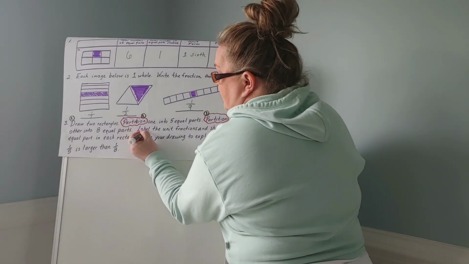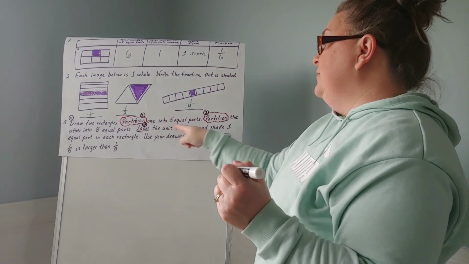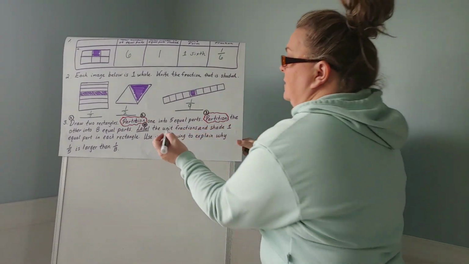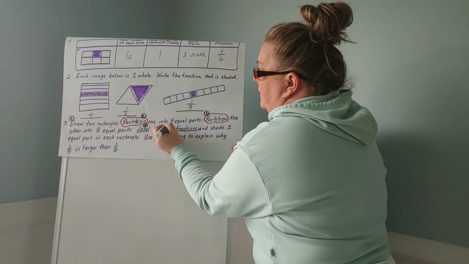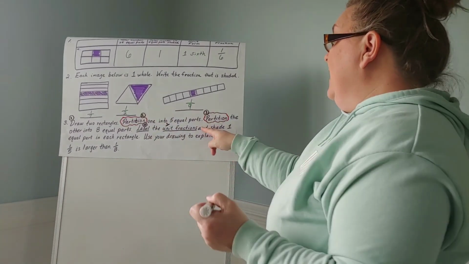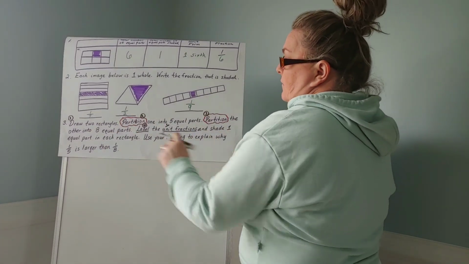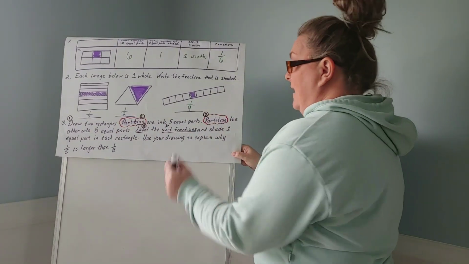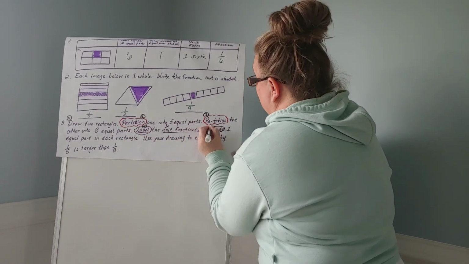Next, our job is to label now. We're going to label. So that's step 4. We're going to label the unit fractions. Okay, so we know that when we label, if it's a unit fraction, we're going to have a numerator of 1. And we got to shade. Whoa, we got a lot to do here. And shade 1 equal part in each rectangle. Wow. So we're going to label and shade. So I think I'm going to call this direction 5.